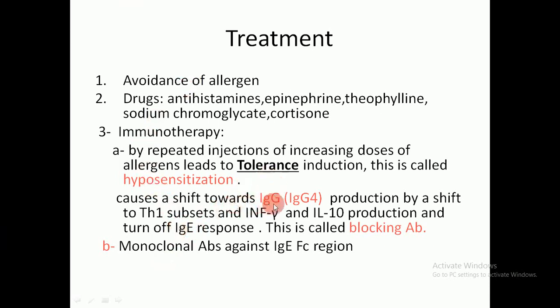And this type of antibody is called a blocking antibody. And another type of immunotherapy is monoclonal antibodies against the IgE-Fc receptor, which is present on the cell surface of the mast cell or basophil.